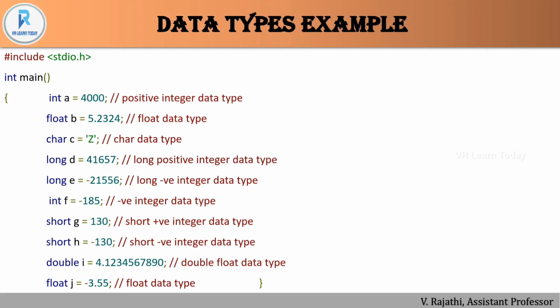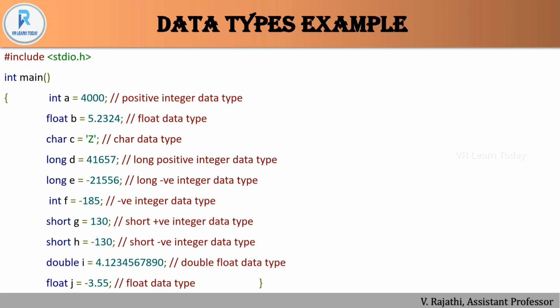So this is the example of data types. I think now you have a clear idea about what a data type is. So this is the example. As usual, header file #include <stdio.h>, and inside the main function I declared many variables. First is an integer variable, floating variable, and character variable.